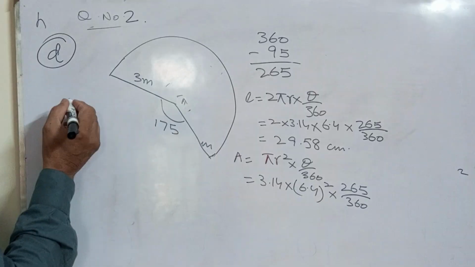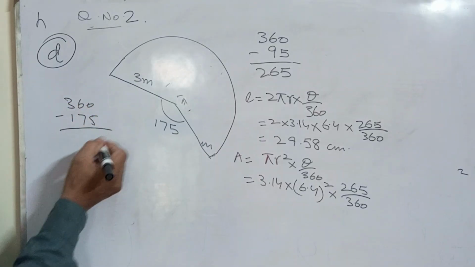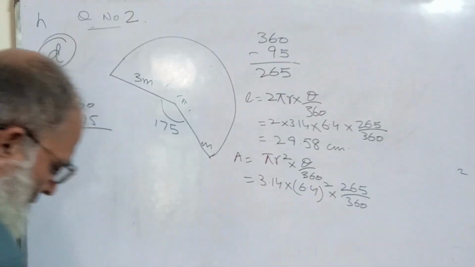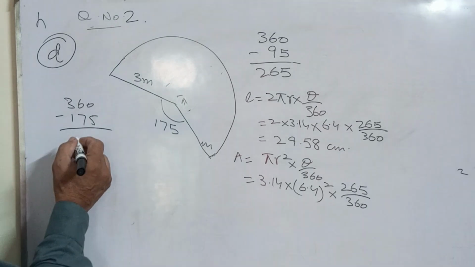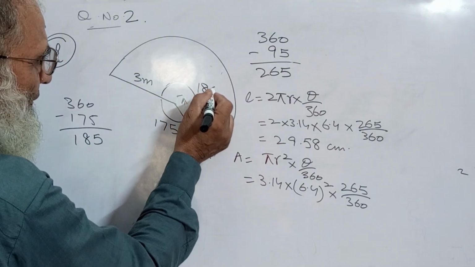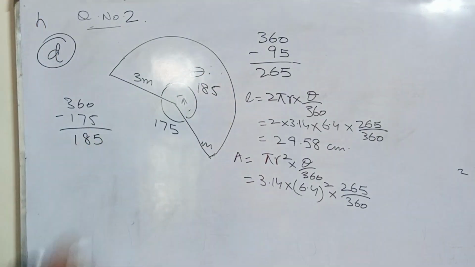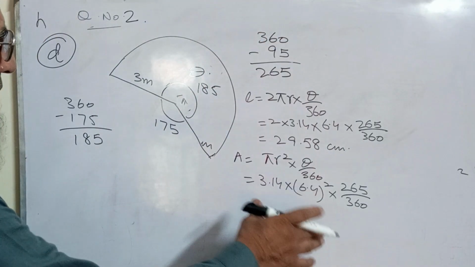Now just subtract 175 from 360. 360 minus 175 equals 185. So this angle is 185. Your theta angle is 185. Okay. So the rest of the format will remain the same.